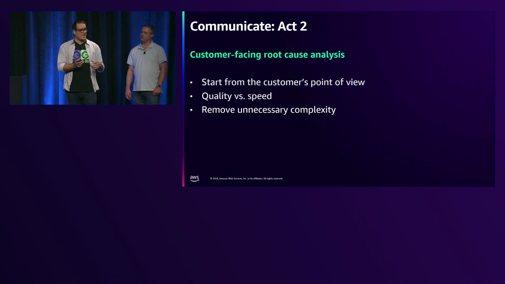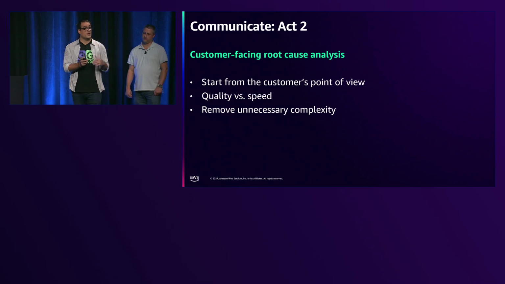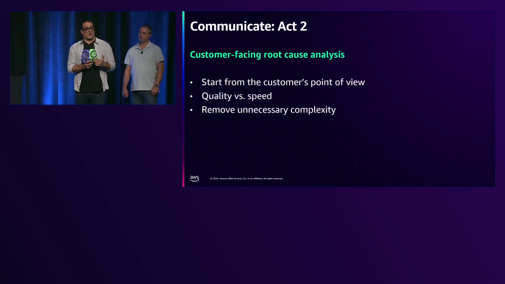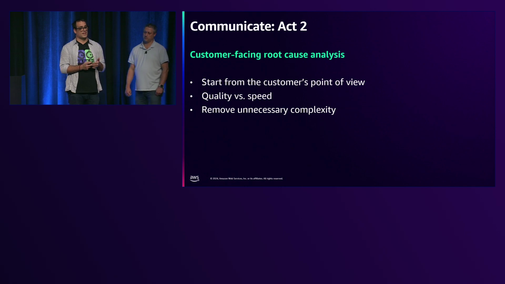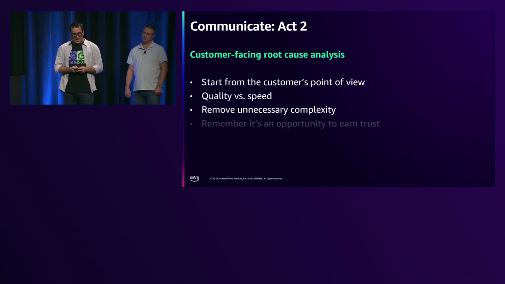But just removing detail, removing technical terms, and simplifying as much as possible, or reconnecting to concepts customers are aware of. So, for example, since we started talking externally about cells, the mechanism we use for segregating failures in our services, we started reusing that terminology in RCAs, just because at that point it became common knowledge across customers.